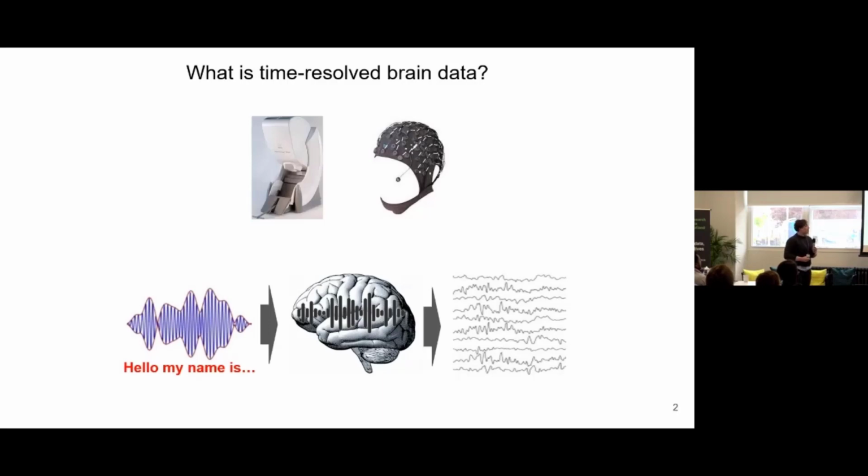So if I say, hello, my name is Anna, that's what, 700 milliseconds? That's very quick. But your brain will analyze that at that speed and probably also think about something else in the background. If we look at that little block of data, this would be amplitudes on the vertical scale and time on the horizontal axis, and these are individual sensors.